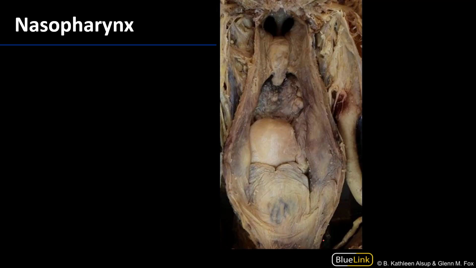Now, here is a posterior view of the pharynx, and so the wall of the pharynx has been incised. We can see that there. And let's see what we can see. So here are the palatopharyngeal folds.